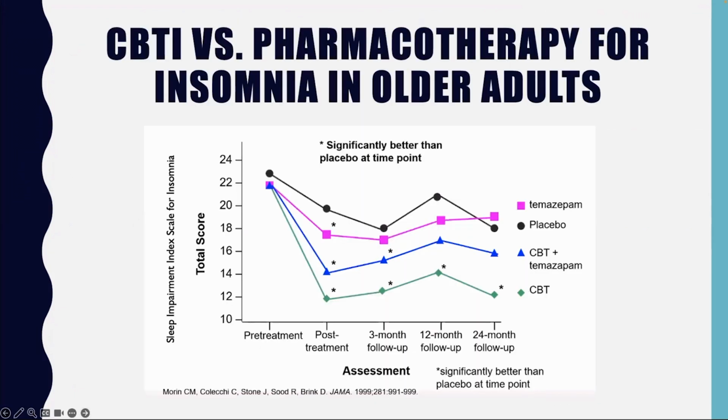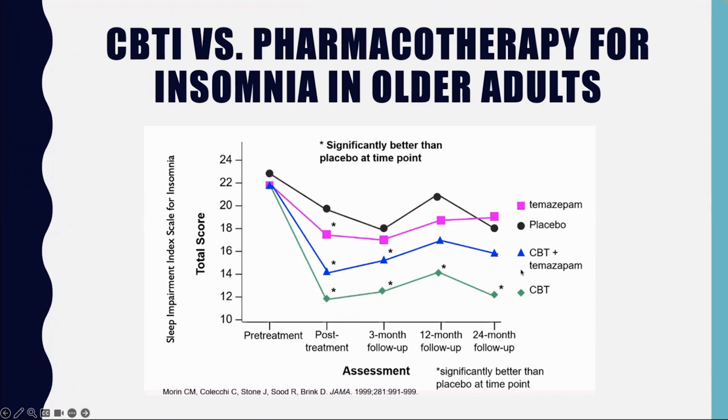This landmark study was published in JAMA in 1999, and this was a randomized controlled trial to evaluate the efficacy of cognitive behavioral therapy and pharmacological therapies, both single and combined, for late life insomnia, where the mean age of the population was around 65. The findings show that both behavioral and pharmacologic therapies, with behavioral therapy in green, pharmacologic therapy in pink, and the combination therapy in blue, are effective in treating short-term insomnia, so up to 3 months.